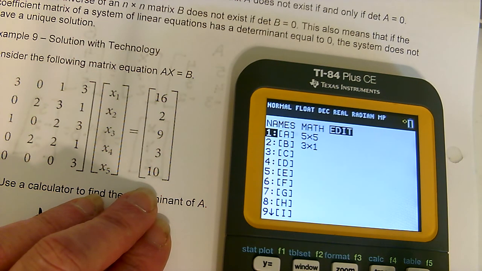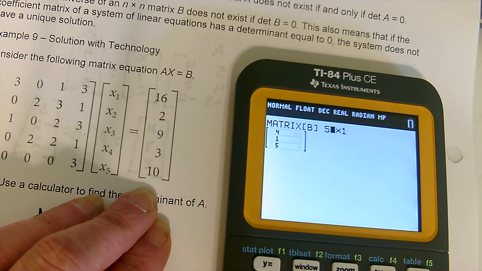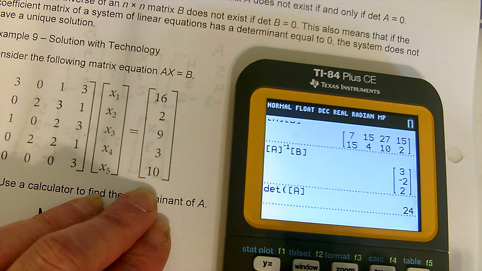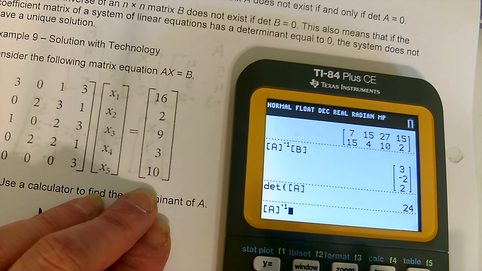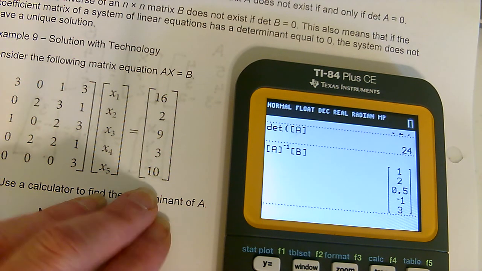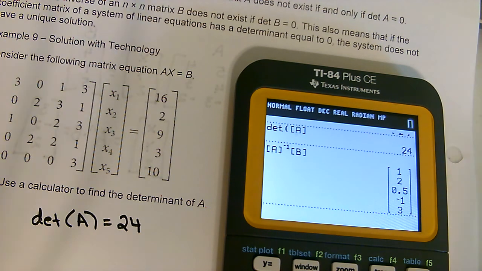Go back in. Matrix B is a 5 by 1. 16, 2, 9, 3, 10. So if I'm using this method, I'm going to do matrix A inverse and then matrix B normal, and I get a solution for each variable.